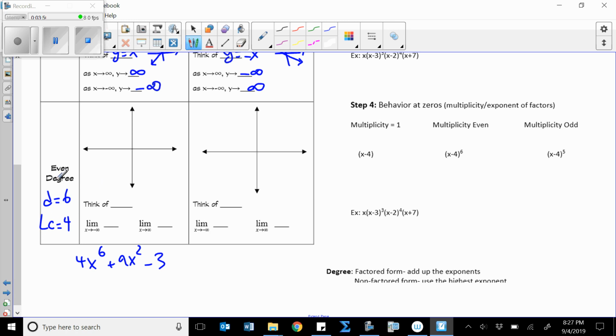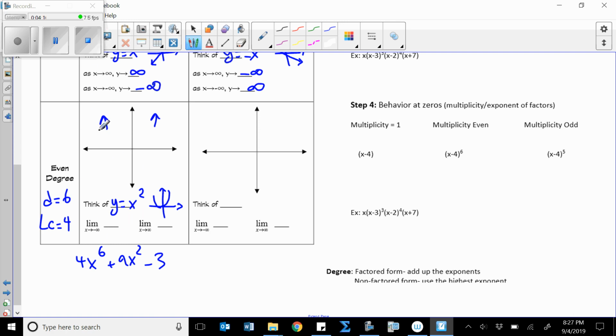So in this case, that the degree is even and the leading coefficient is a positive number, I need to remember the end behavior of y equal to x squared. The graph looks like this, a parabola. So the end behaviors are this way and this way. It means both end behaviors are going to infinity.